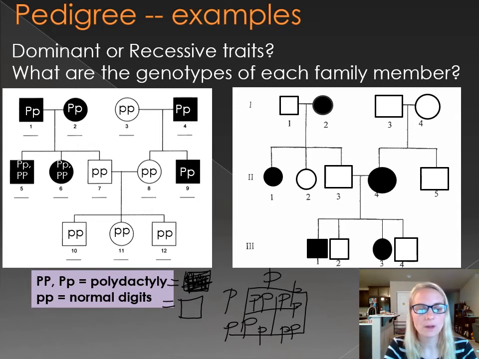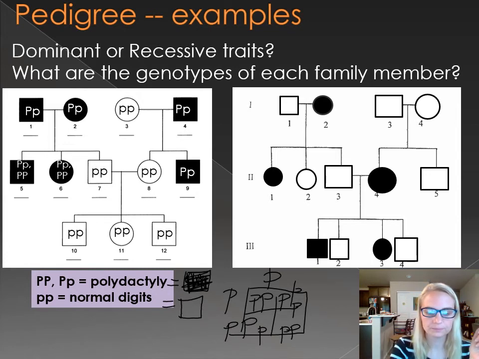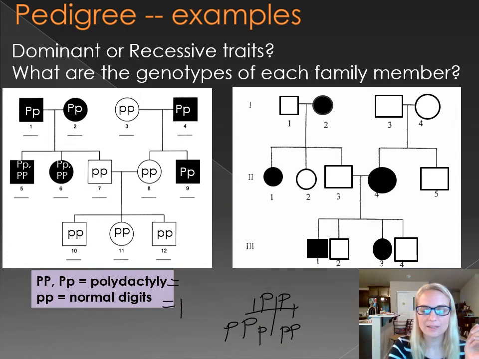So when you have individual number 1 and individual number 2 mating, you could get that 3-to-1 ratio of the dominant phenotype, which could be either heterozygous or homozygous dominant. If we take a look at individual number 9, it can't be one or the other because mom had to have donated a lowercase p, and dad had to have donated the uppercase P, the dominant allele, for that individual to have the 6 fingers. All right, so that is an example of a dominant pedigree.